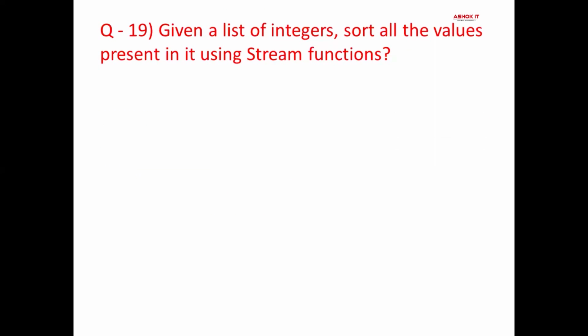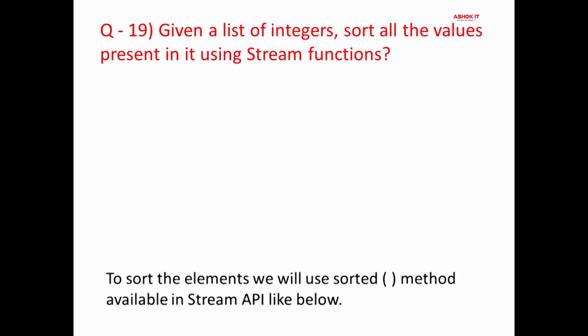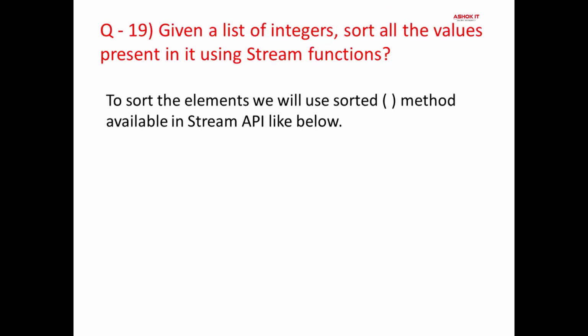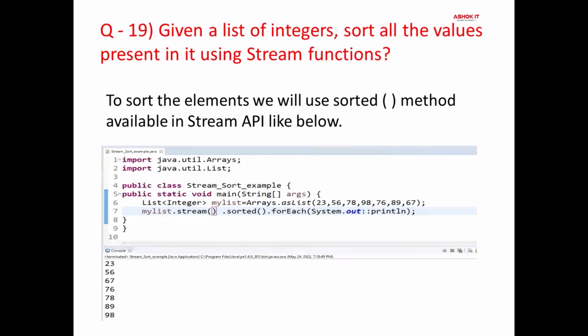Question number 19. Given a list of integers, sort all the values present in it using stream function. We want to sort whatever numbers are available in that list. If you want to sort numbers from a list, we can use the sorted method.